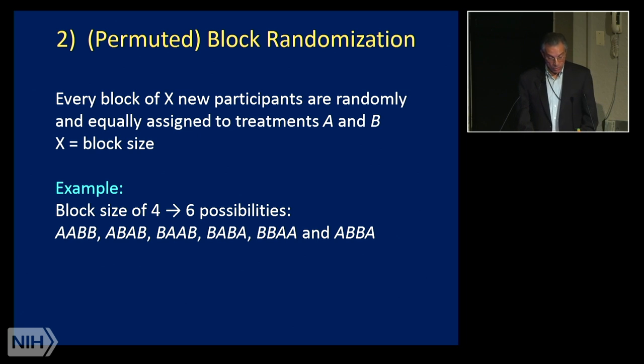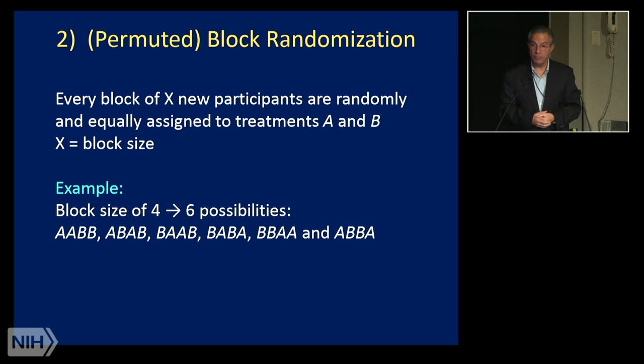Okay? So basically we're saying we're going to do 4 at a time, and they're going to go equally to A and B. So one possibility is that the next 4 are going to go to A, then B, then B. And then if I choose another block, there are 6 possibilities of 2 A's and 2 B's, which I show you here.